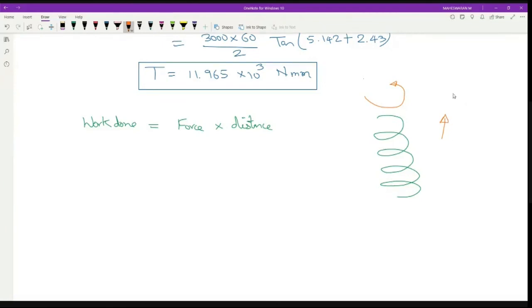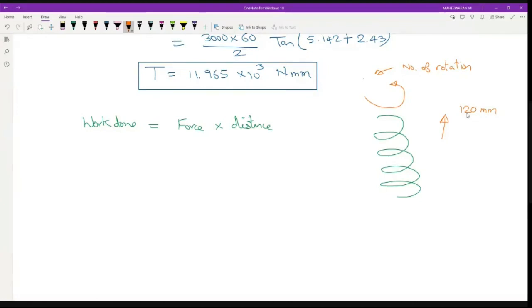Now the linear movement is given, which is 120 mm. So to raise this 120 mm, I should identify the number of rotations I have to make. Can you get it?